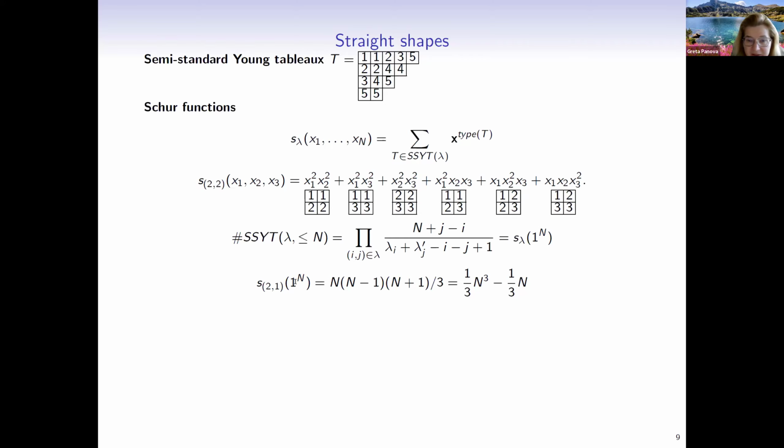But I already see that if you plug in n many ones and evaluate the number, you get a negative coefficient. So these are a little bit more restrictive than plane partitions. They don't always have positive coefficients.